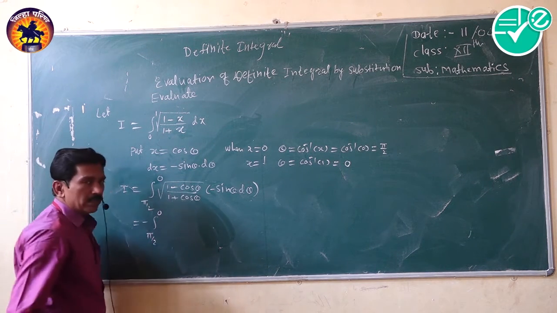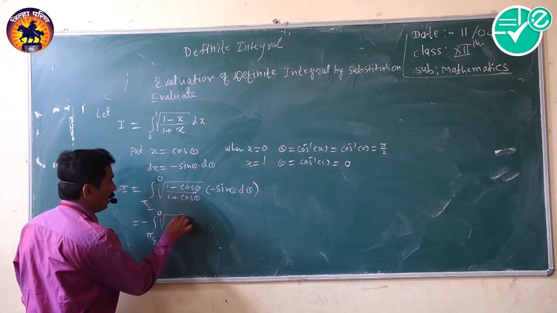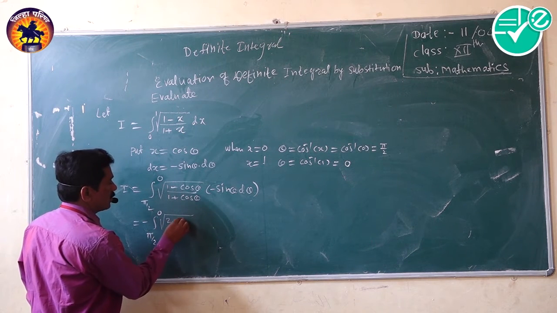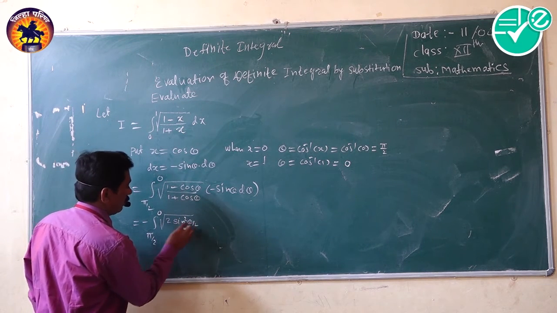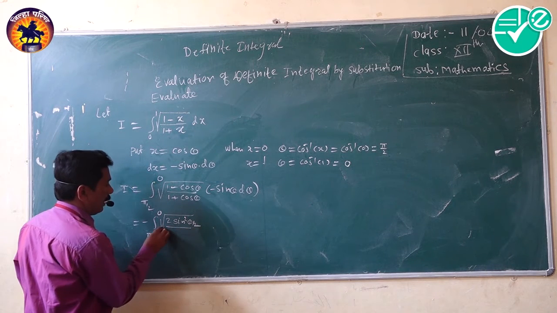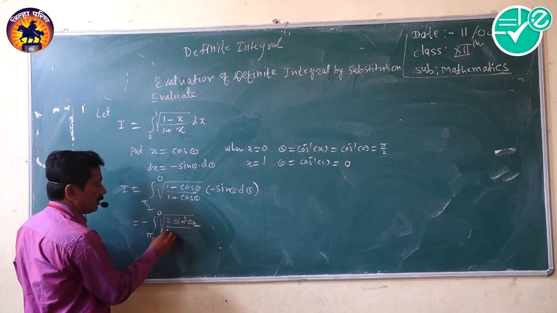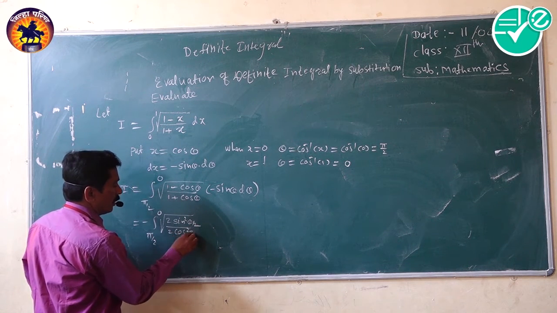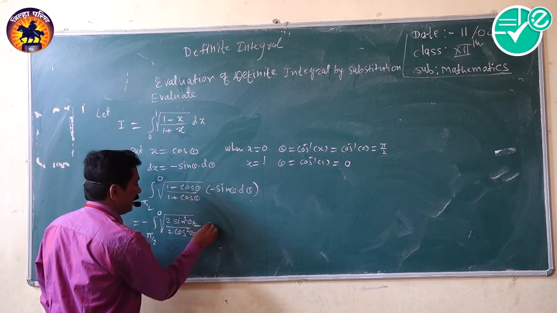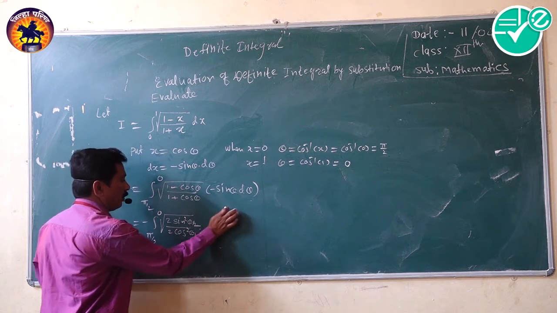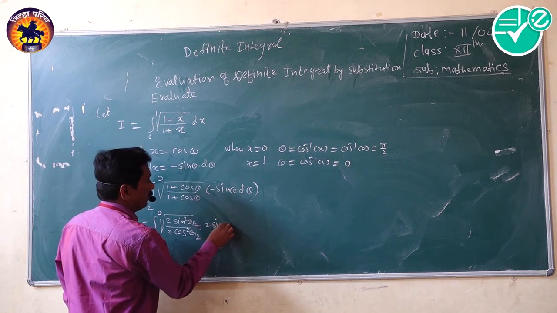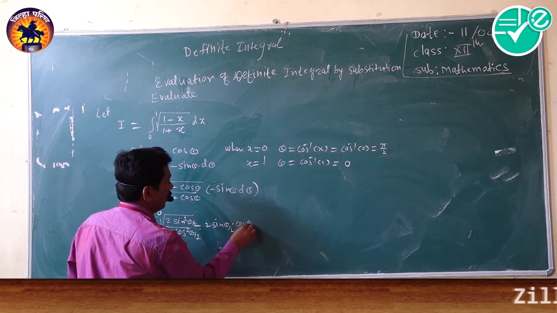For 1 minus cos theta, using the half angle formula, this will become 2 sin square theta by 2, divided by 1 plus cos theta, which is 2 cos square theta by 2, into sin theta. For sin theta we can write 2 sin theta by 2 into cos theta by 2.